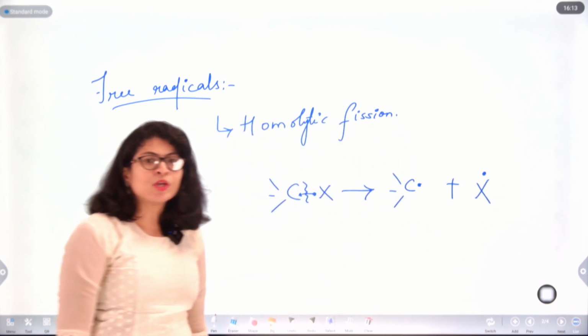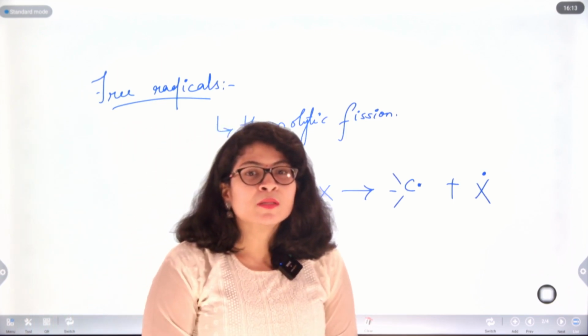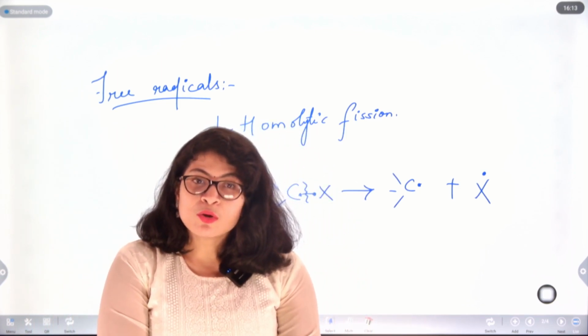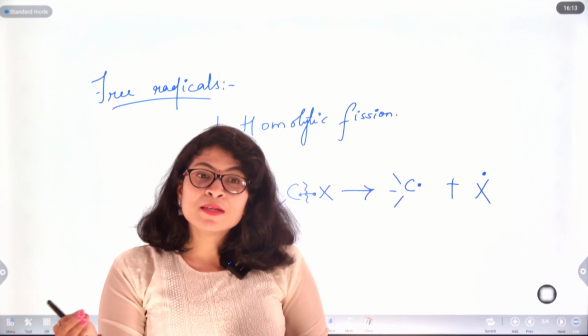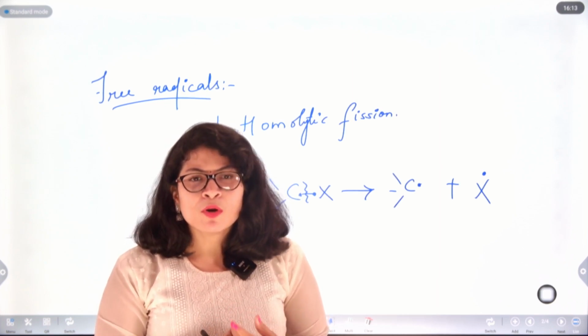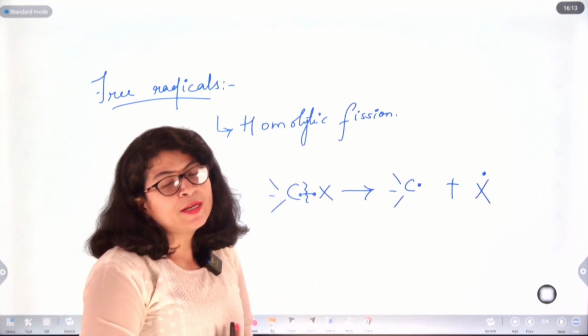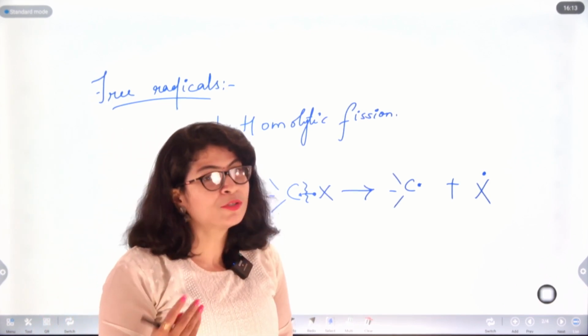Now what will be the charge of this free radical? See, what I said in the previous video is that a charge is acquired by an atom only when it either gains an electron from some outside atom or loses its own electron. But here, carbon neither lost its own electron, nor gained an electron from an outside atom.